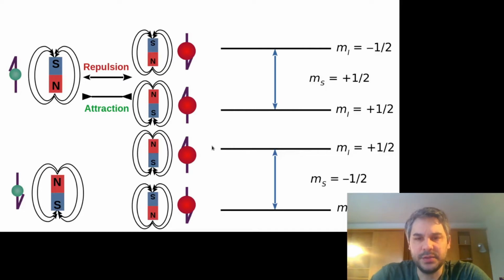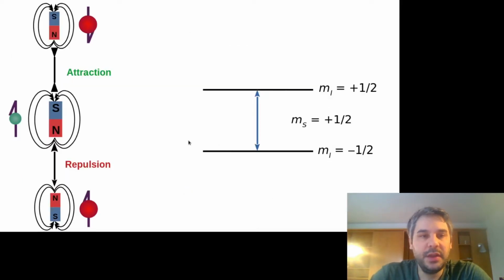for the side-on orientation of these dipoles. If we on the other hand have that the electron nucleus direction is parallel to the magnetic moments, not forming a 90-degree angle as before, we will see that then the parallel orientation of the magnetic moments, I mean both north poles pointing down, will produce an attraction.